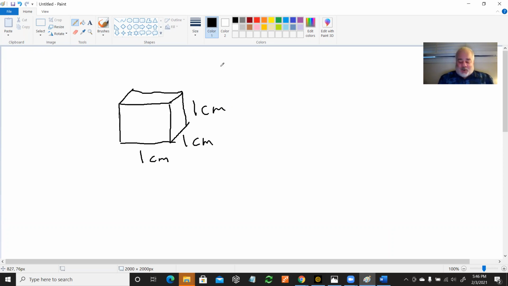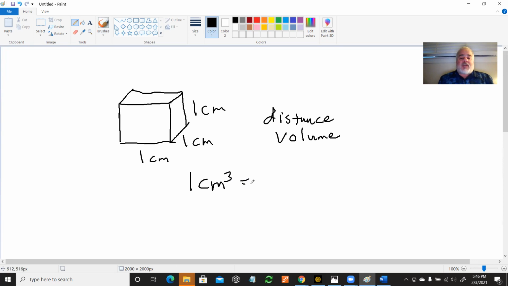But it's water, so what can we say about that? I have 1 centimeter. Centi means 1/100th of a meter. So I've already defined something called distance, right? Or length. I have 1 cubic centimeter, which is volume.